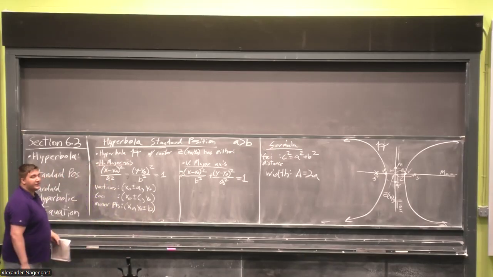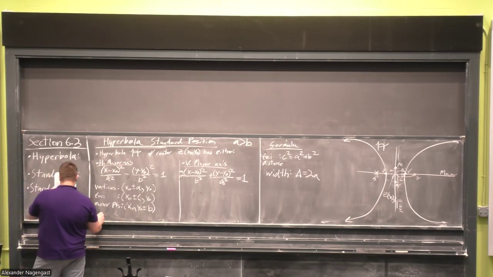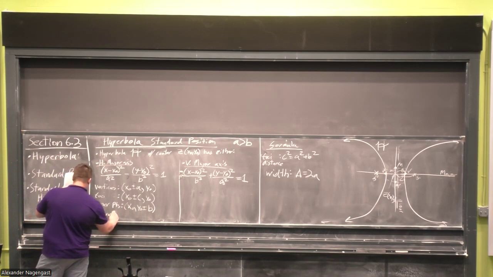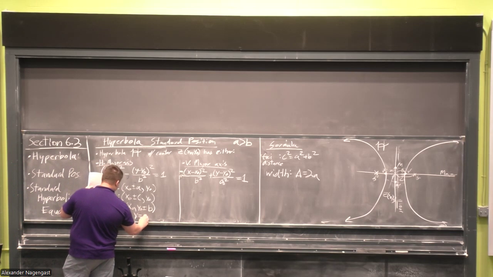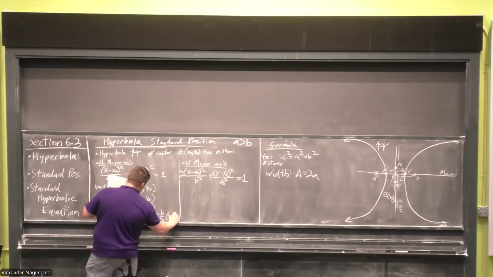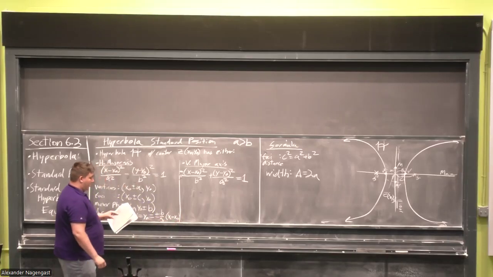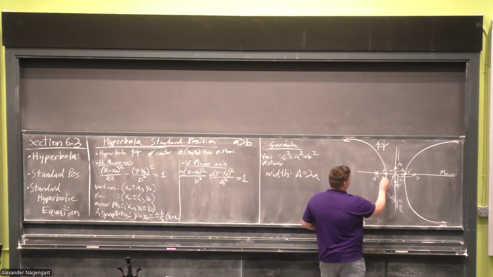And this is very similar to the ellipses, but what we're going to include for this one is asymptotes at y minus y naught equals plus or minus b divided by a times x minus x naught. And what that would do is create these asymptotes.